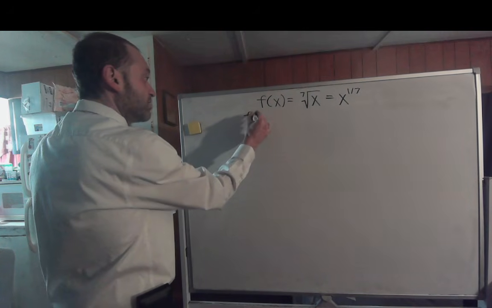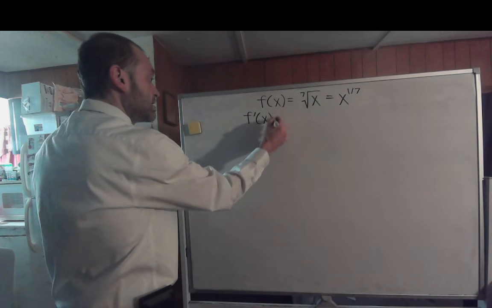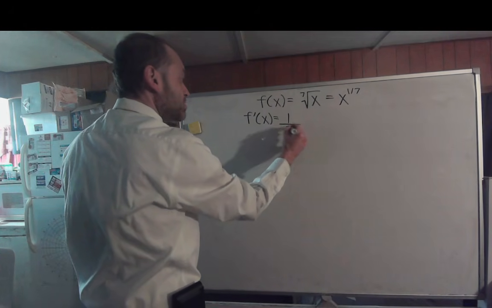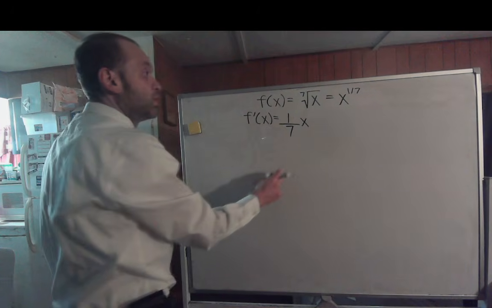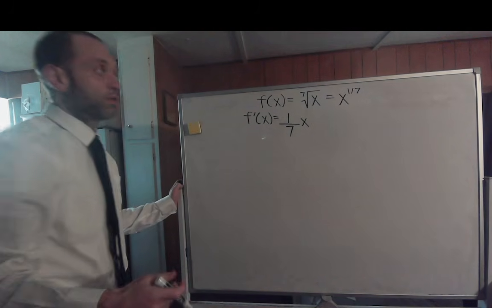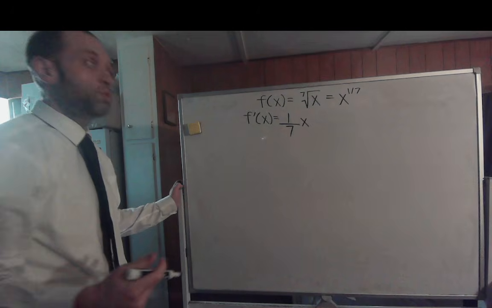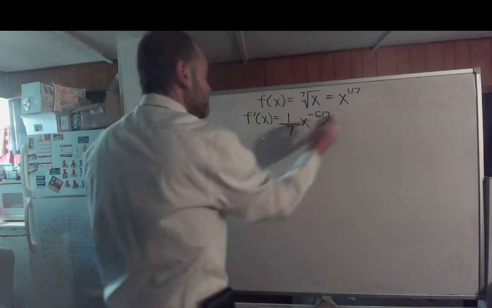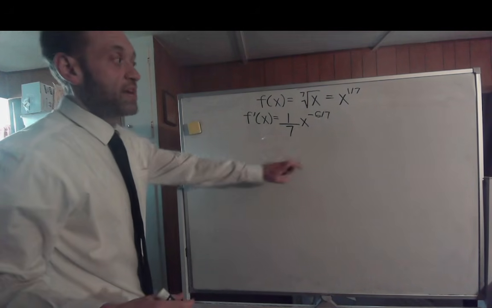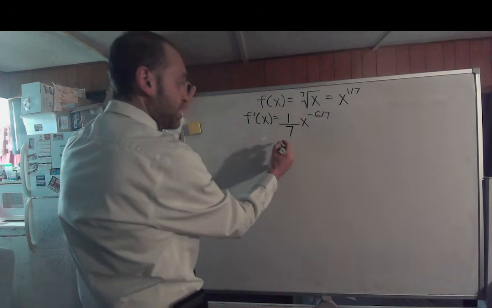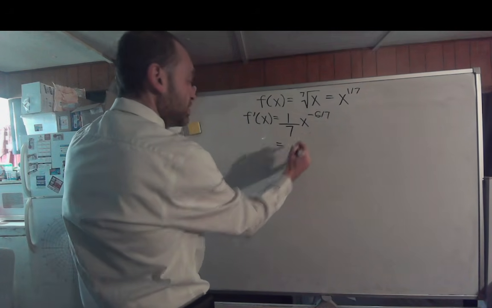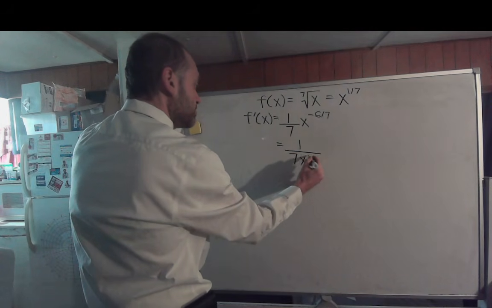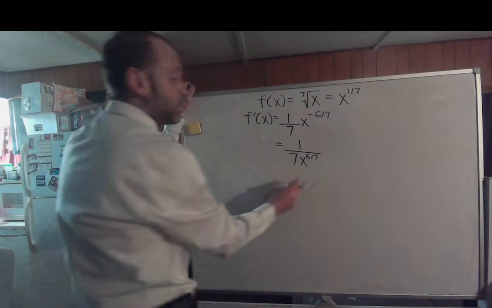Let's find f prime of x. Well, I'll bring that 1/7 down front, multiply it by x, and then lower that 1/7 by 1 degree. Well, 1/7 minus 1, that's -6/7. So you would end up with 1/7 x to the -6/7 power, which is one way you can leave it. Or you can write this as 1/7x to the +6/7 power.